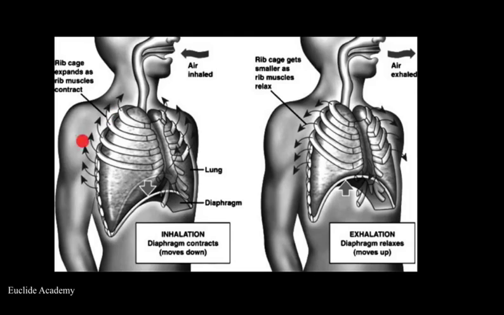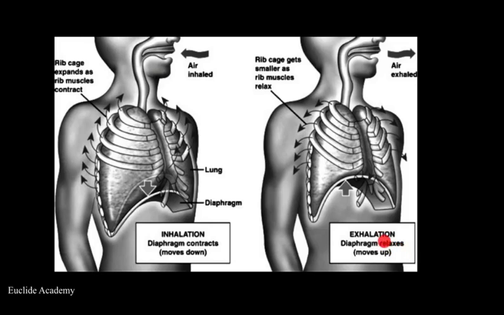That is when we are inhaling, therefore increasing the volume of our lungs. The rib cage expands as the external intercostal muscles, also known as the rib muscles, contract. As they contract, the volume increases, decreasing the pressure, and then air rushes in.